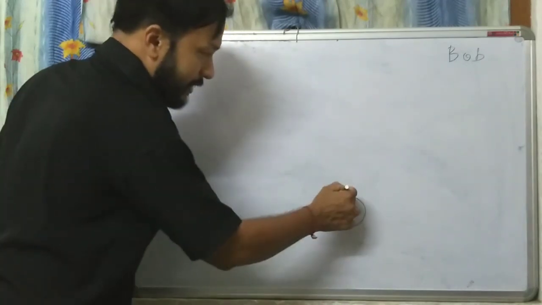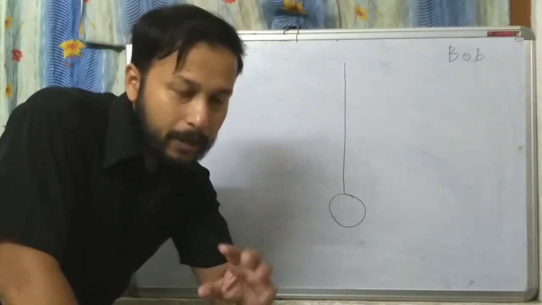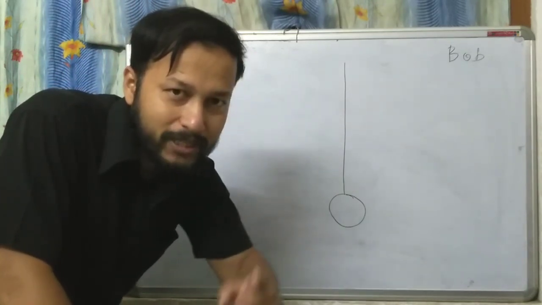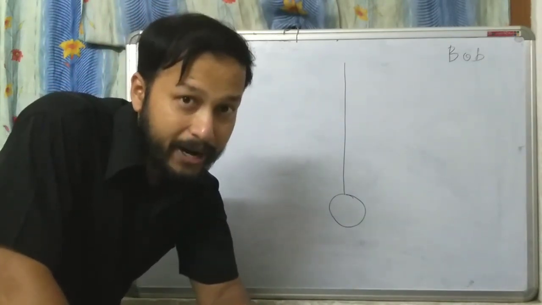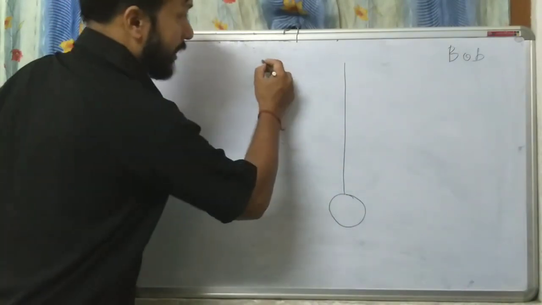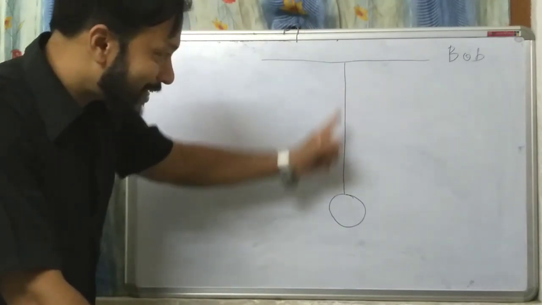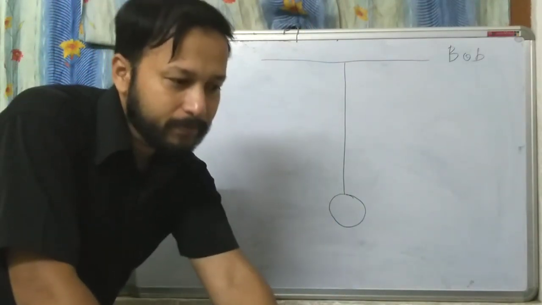This is the thread. This bob is suspended by a thin thread with a rigid support, and this is the rigid support. So this is my simple pendulum.